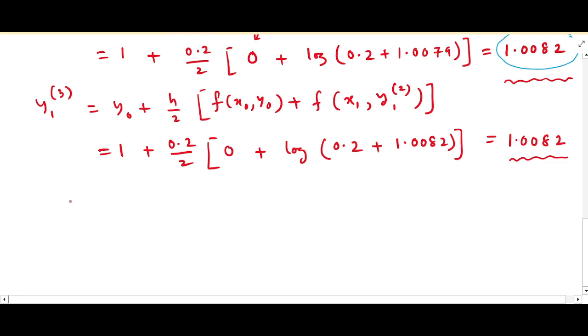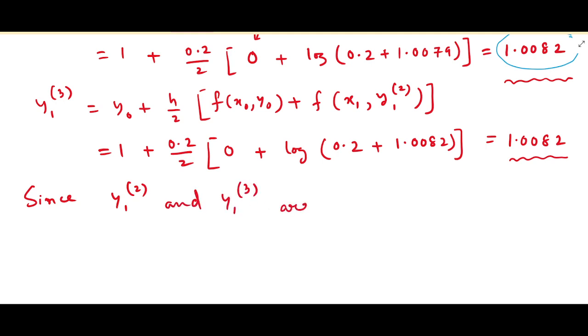Since y1 to the power 2 and y1 to the power 3 are the same, therefore the value of y is 1.0082 at x equal to 0.2. Okay, so it's very simple.